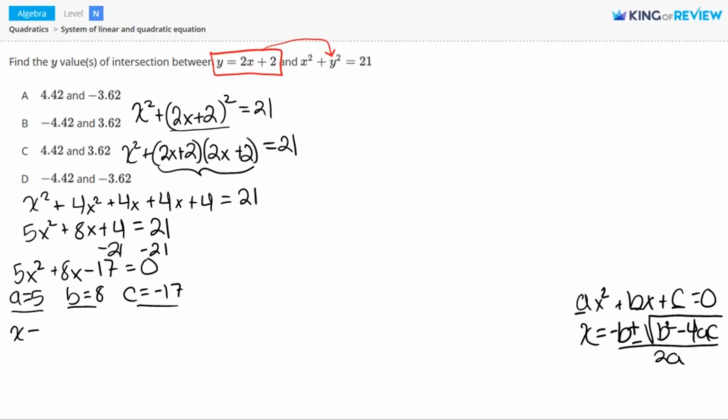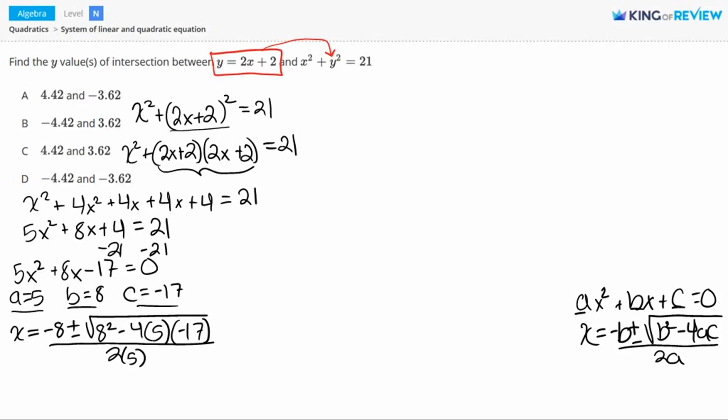We get x equals negative 8 plus or minus the square root of 8 squared minus 4 times 5 times negative 17, and this is all divided by 2 times 5.